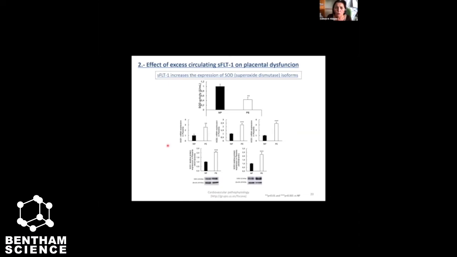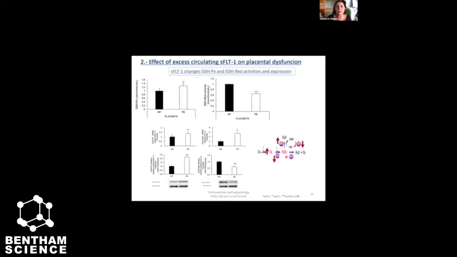In addition, we study antioxidant enzymes such as superoxide dismutase, and we observe a decrease in the activity of this enzyme. However, when we measure the expression of the different isoforms of SOD, an increase was observed for SOD1, 2, and 3.